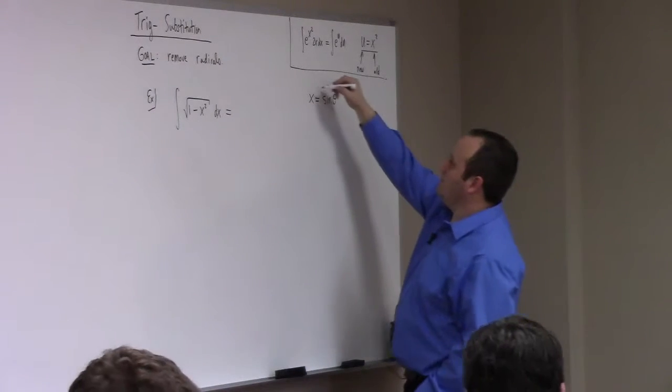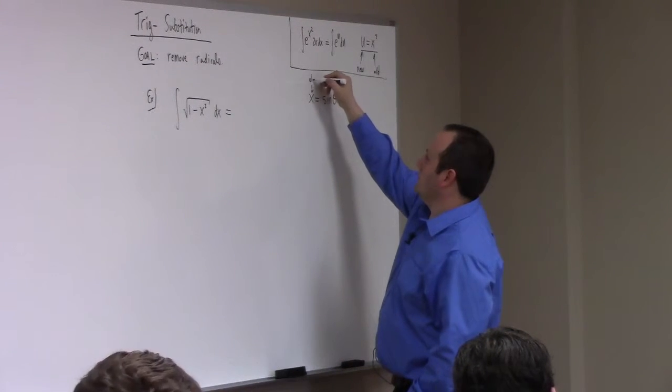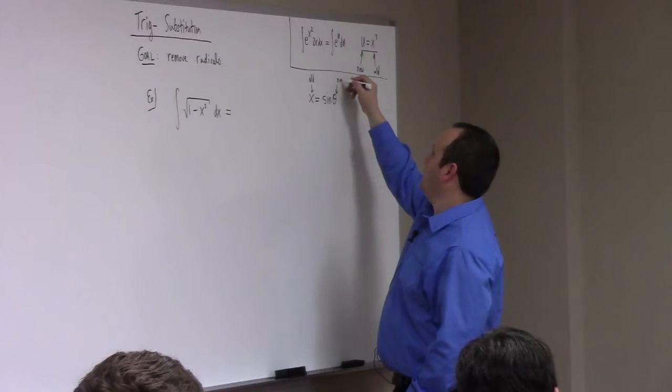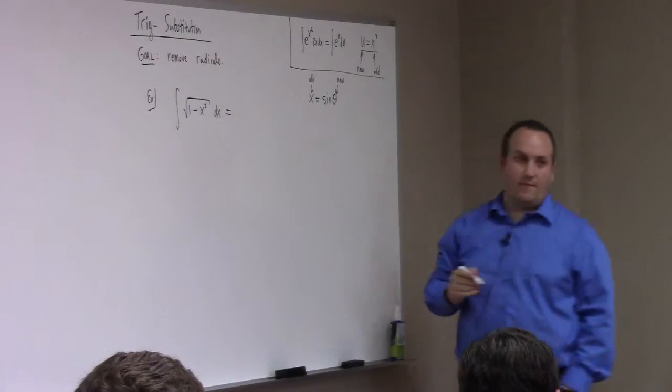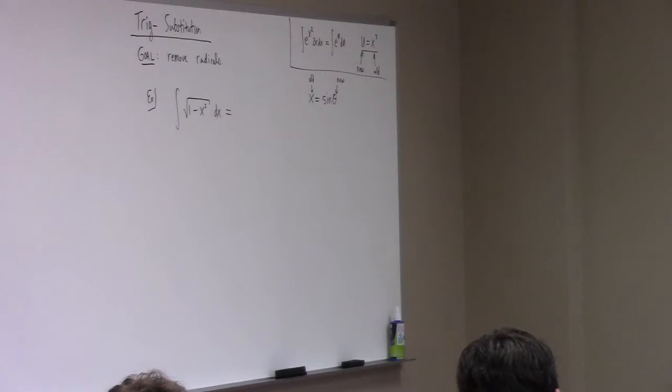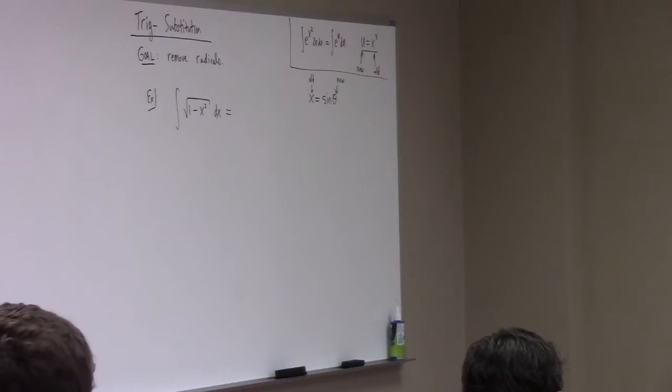See the difference here? Old, new. So the theta is playing the role of u. But I don't write an equation like theta equals something. I implicitly wrap up theta in some other equation which suits my purpose. This is an implicit substitution.